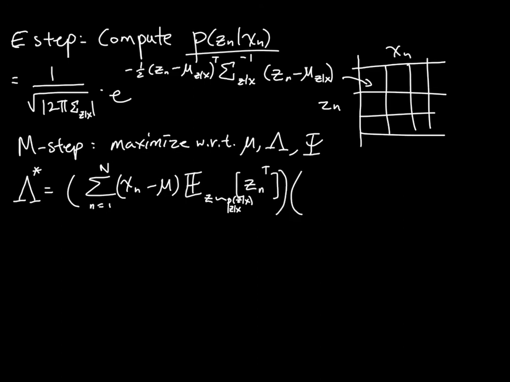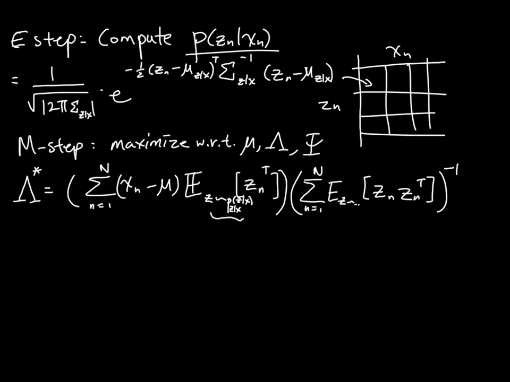And then the next quantity is the sum from n equal to 1 to N of the expected value of z given the same thing, of zn zn transpose, and the inverse.